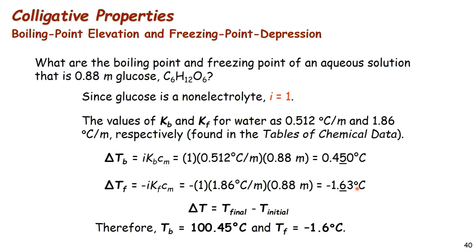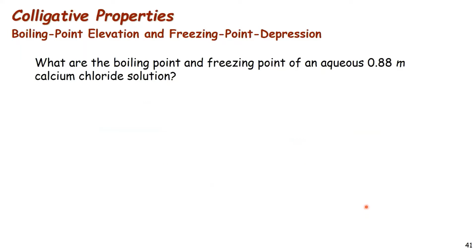Okay, let's try one more example before we quit for the day. I want to know what are the boiling and freezing point this time of an aqueous solution that's 0.88 mol calcium chloride. So again, we know that we're going to use those same equations that we did.